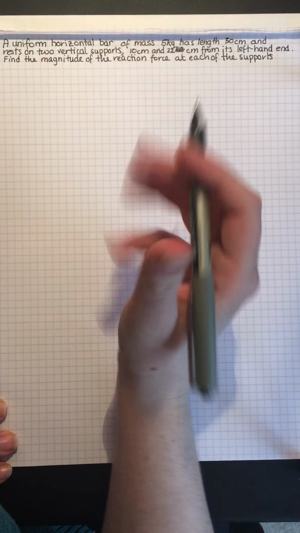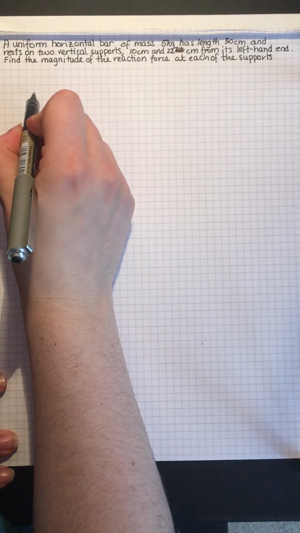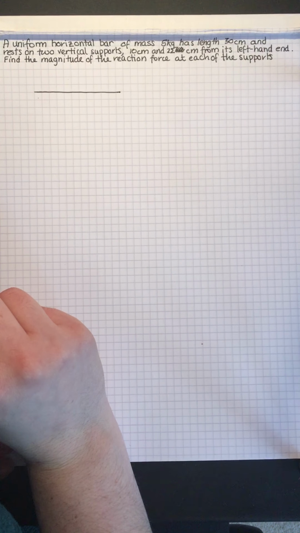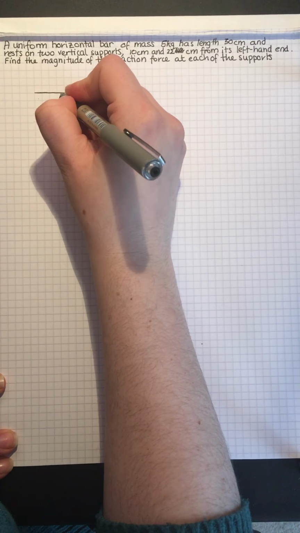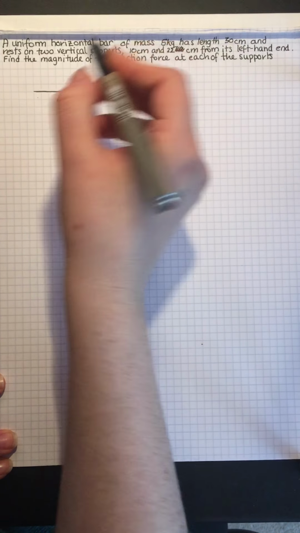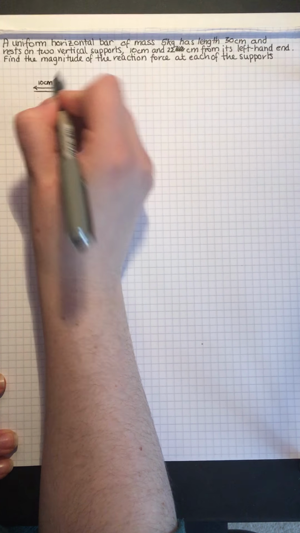Okay, so like any mechanics question, we want to start by drawing a diagram. So let's put our horizontal bar there, and we've got two vertical supports. Let's put one here, we'll call that one A, and that's 10 centimeters from the left-hand end.